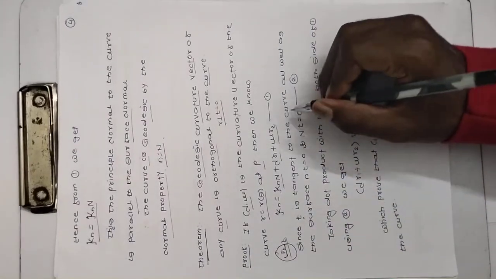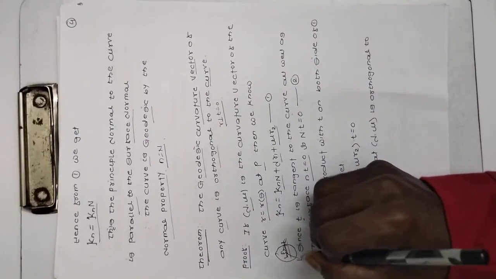Since t is a tangent vector, suppose I draw a surface and two points passing through the line at point P. This is the tangent vector t on that curve as well as the surface. The dot product with t is equal to 0: this is the tangent vector t and this is r1.